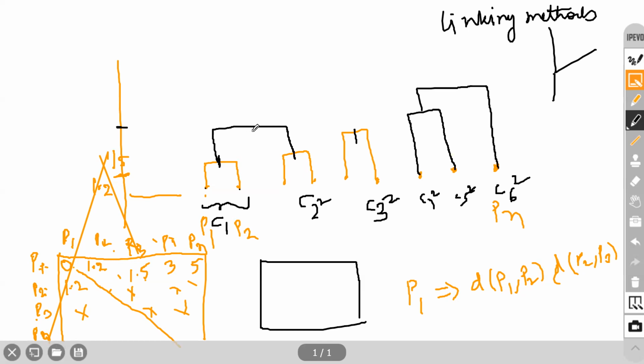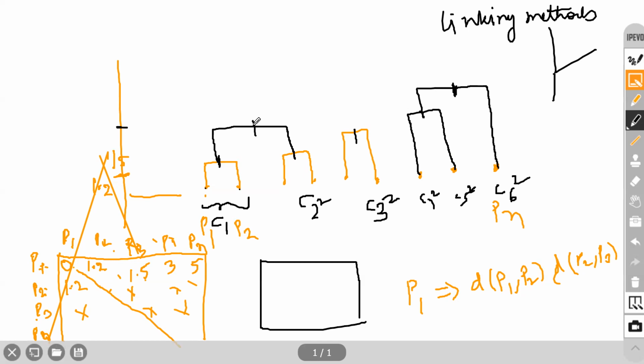Now I am again doing the same method. Right now, you see this particular point was merged with this, so this is the effective cluster point. Now again from these places, I will measure the distance.